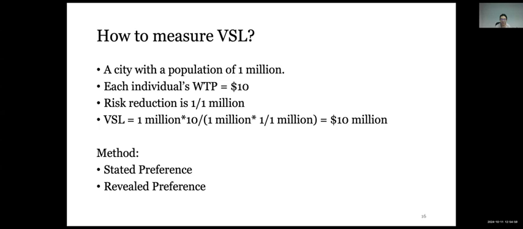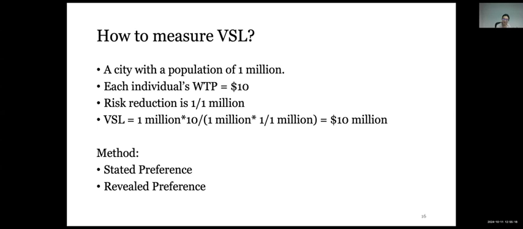And then how much risk can be reduced collectively? That is the aggregated risk across the whole 1 million population, which means we multiply 1 in a million times 1 million population. That is the aggregated risk avoided by this policy.